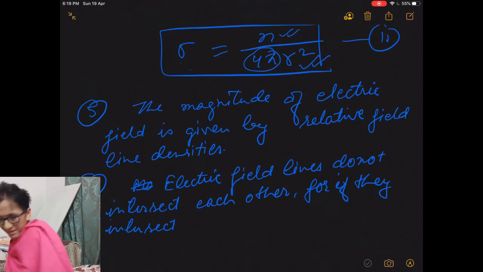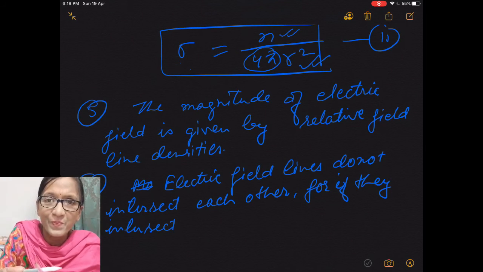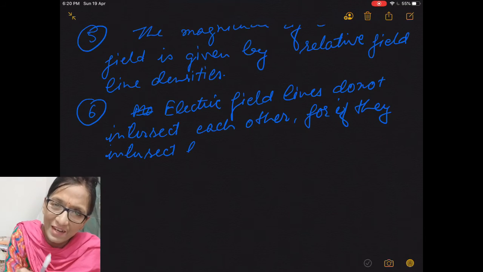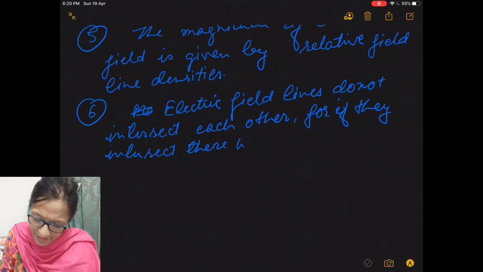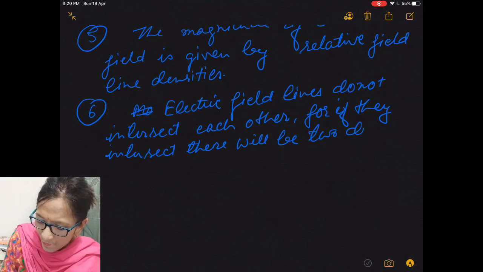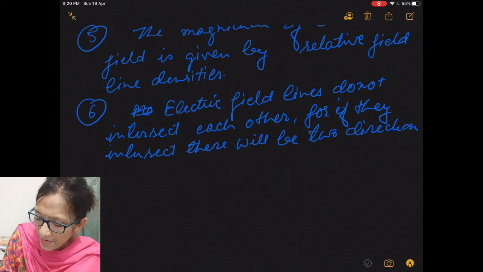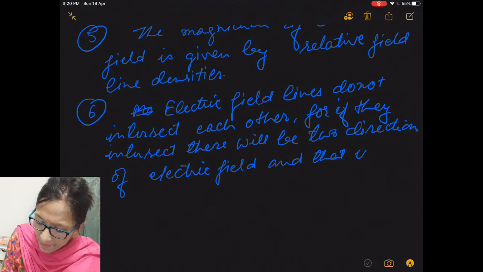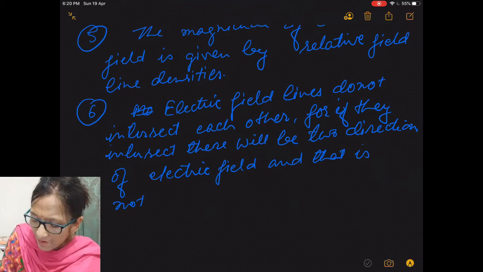If they intersect in this way, there will be two directions of a single vector, and that is not possible. A vector has only one direction. So if they intersect, there will be two directions of electric field, and that is not possible.